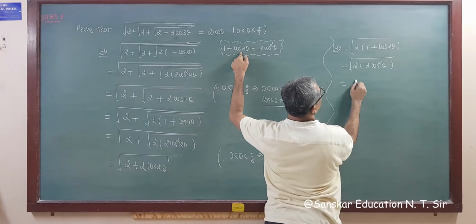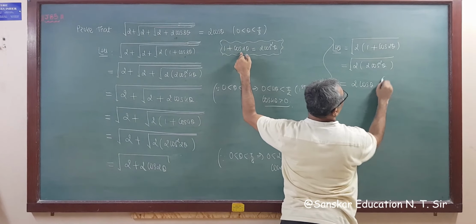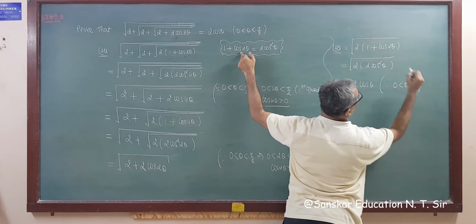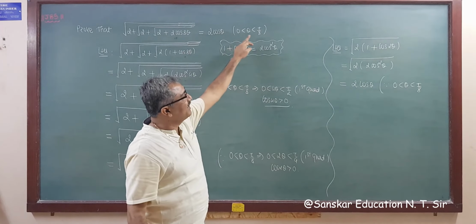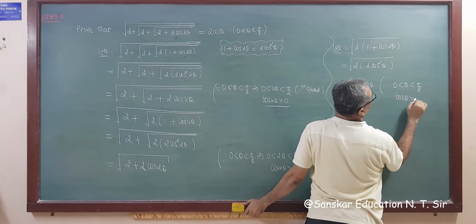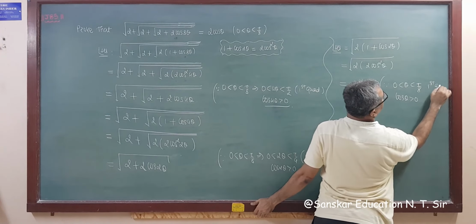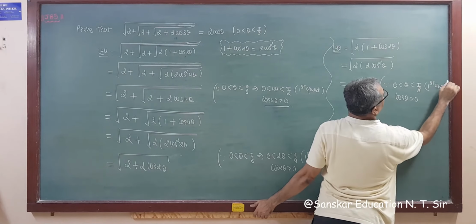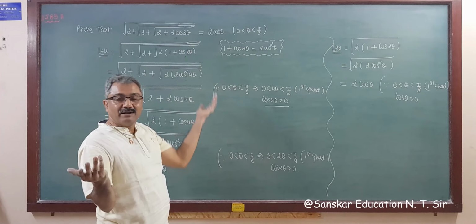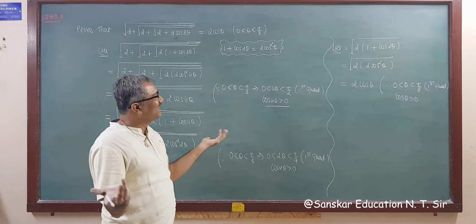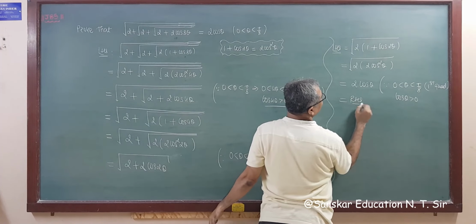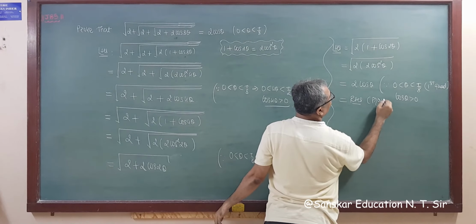So this is 2 cos theta, as 0 is less than theta is less than pi by 8, that is 22.5 degrees, first quadrant, and cos theta is greater than 0. We get the answer. So this is your right hand side, and this is true.